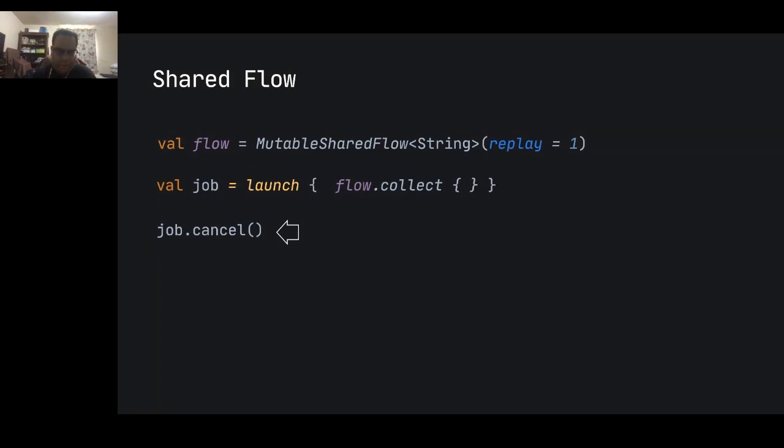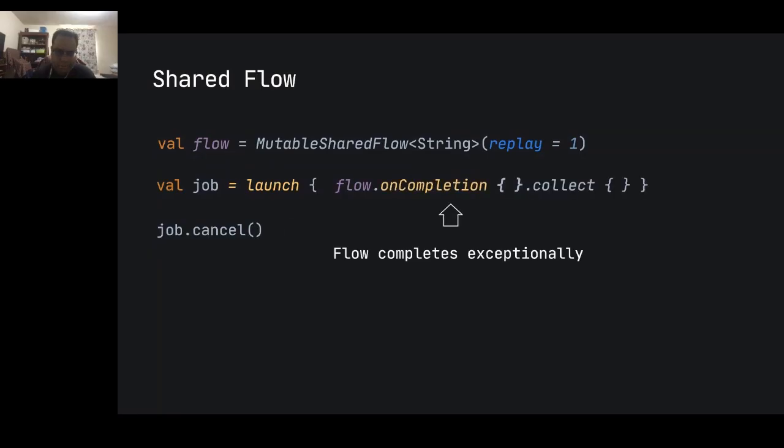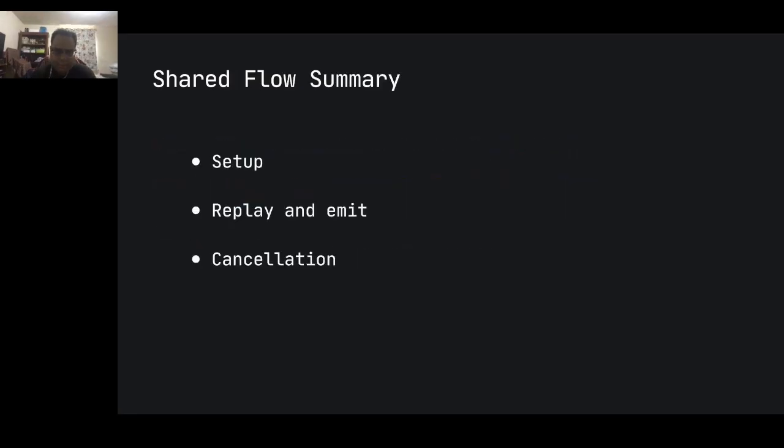And when I do that, the onCompletion gets called because the flow completed due to a reason, which was the cancellation. So that's important to understand. So far we looked at how to set up replay and how to emit, and those are the basic things to understand, and also how the cancellation works.